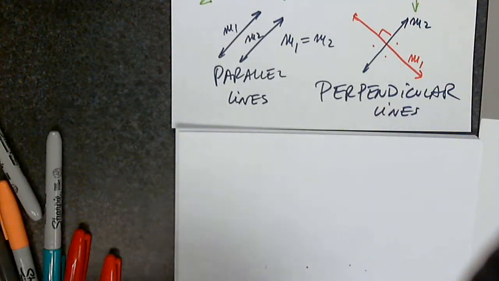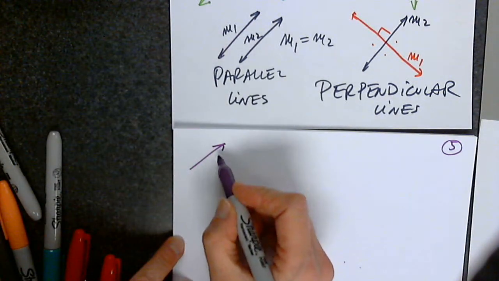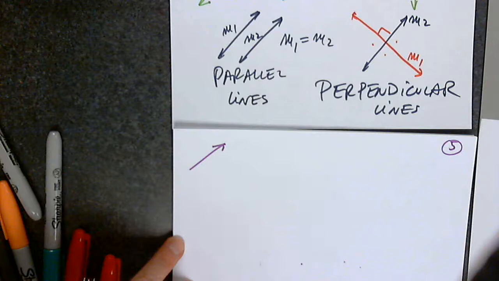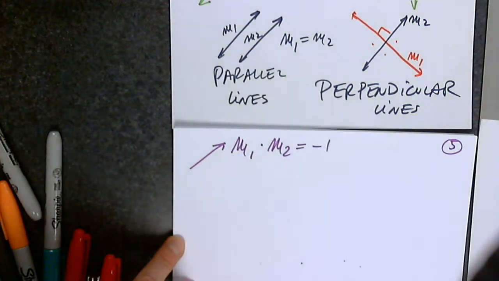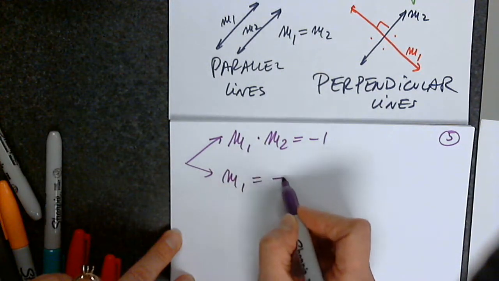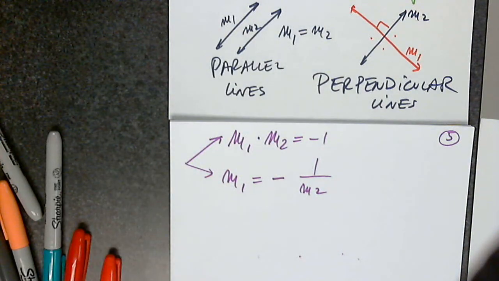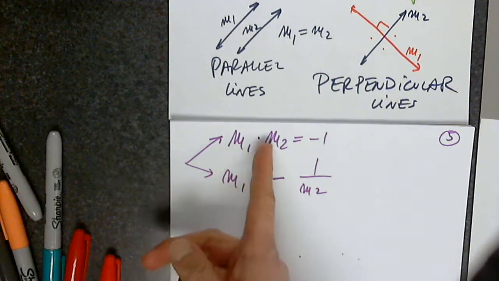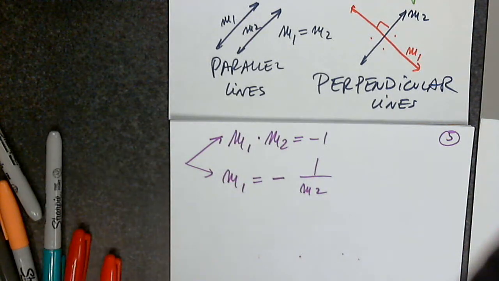Negative? So one way would be, this is how I like to remember it: M1 times M2 equals -1. But it's the same thing as saying M1 equals the opposite of the reciprocal of the other. It's up to you. Here I cross multiply and I get this. Same thing. I prefer this myself. You choose.